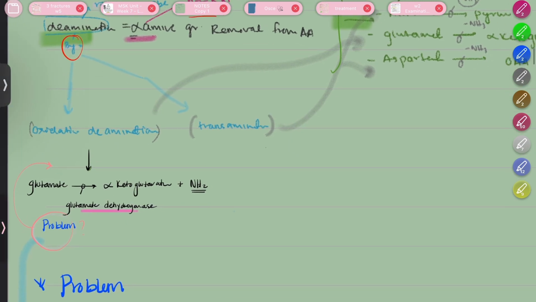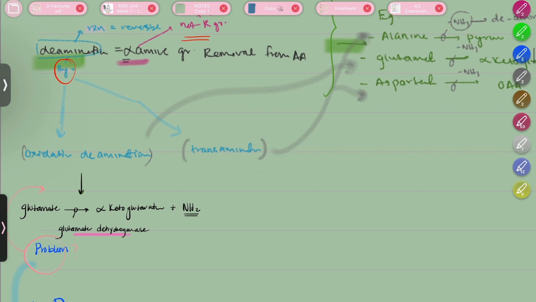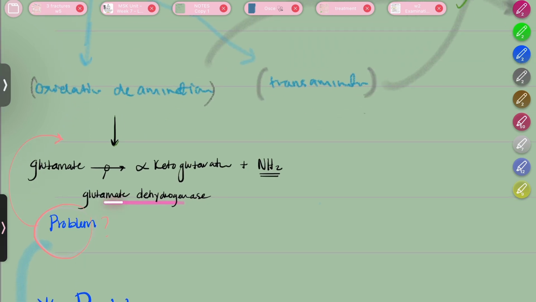Okay, so let's start off with glutamate. Glutamate undergoes oxidative deamination. Why is that? That's because it has the required enzyme that is capable of deaminating it, which is known as glutamate dehydrogenase. So glutamate becomes an alpha keto acid, alpha ketoglutarate, by glutamate dehydrogenase.